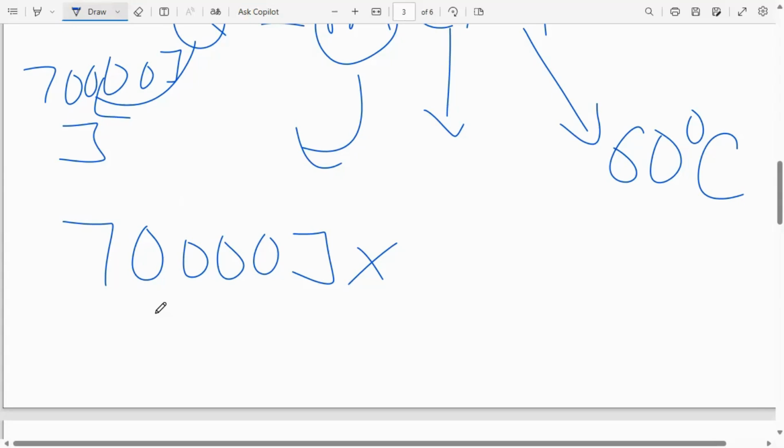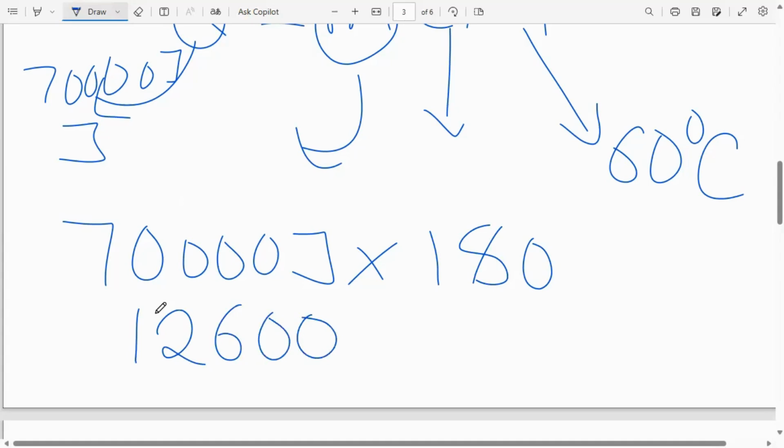So we're going to convert our 3 minutes into seconds. So 3 multiplied by 60, which is giving me 180 seconds. So 180 multiplied by 70,000. And that is giving me 12 million, okay, so I'm getting 12 million 600,000 joules of thermal energy.